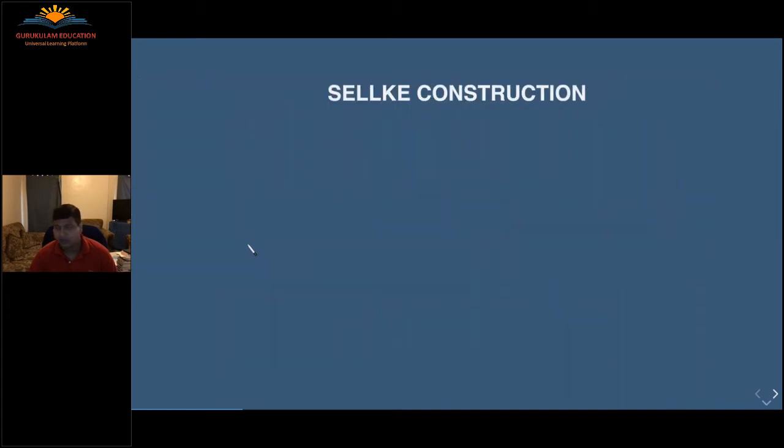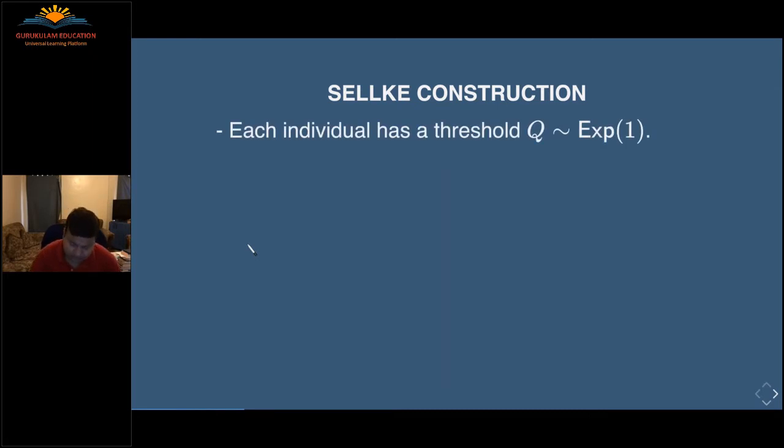Okay, there's one more way to think about it, and that's called the Sellke construction. And this is very crucial, and I want everyone to follow this idea, because this is really the key idea behind dynamic survival analysis, which combines dynamical systems theory and survival analysis. So how does this work? Suppose we have a bunch of individuals, and to each individual we assign a threshold, which is distributed according to an exponential distribution with mean 1.